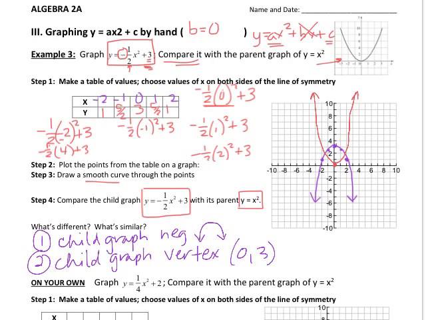The vertex meaning the highest point, or the vertex could also mean the lowest point. And obviously in the parent function, the lowest point is 0, 0. So it's also a little bit more wide than the original or parent function. So we could also say that the child graph is wider. It's taking up more of our graph space.